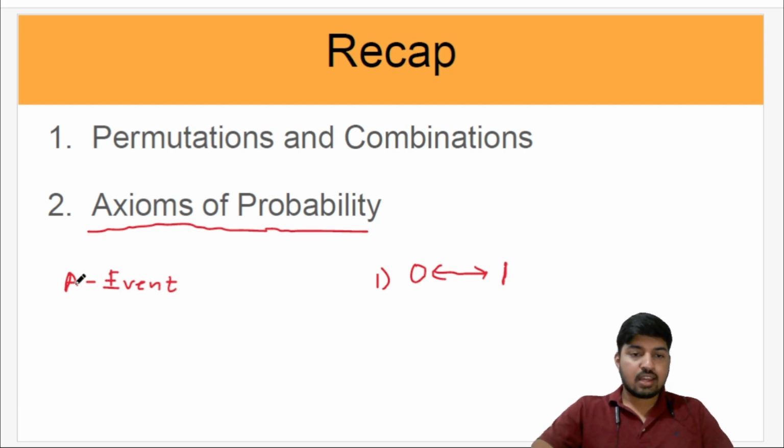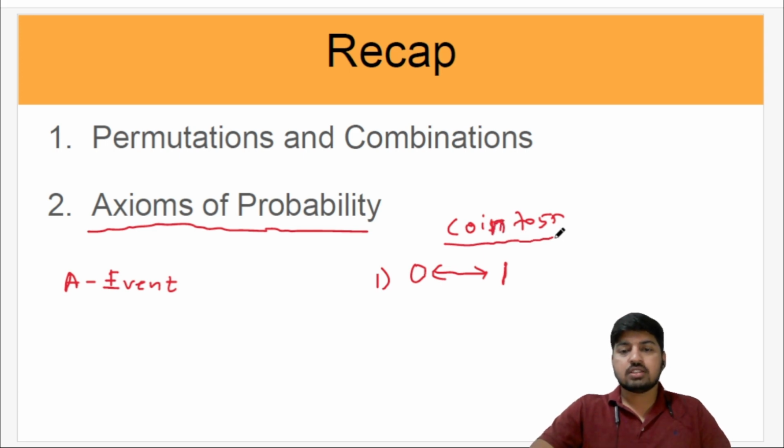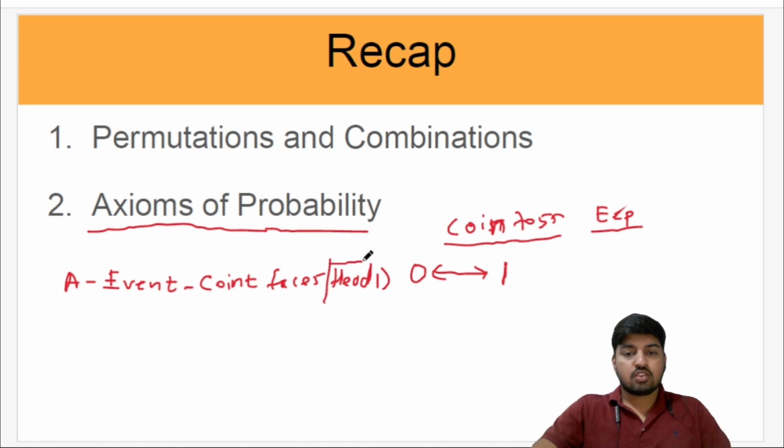By event, I mean, for example, a coin toss. This is my experiment. What I am saying as my event is that the coin faces head. So this is my event.